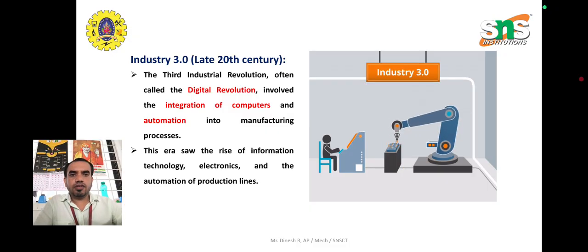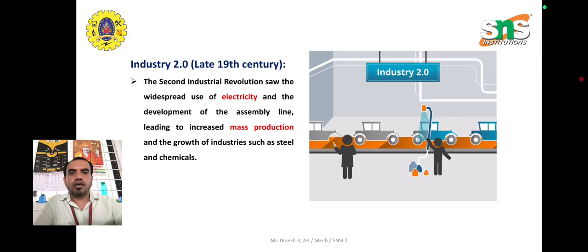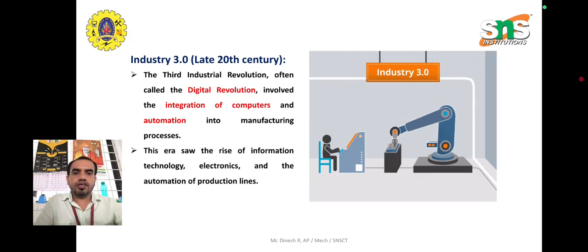The third industrial revolution, often called the digital revolution, involved the integration of computers and automation into manufacturing processes. Okay, the term automation was implemented in manufacturing units in Industry 3.0, and the era saw the rise of information technology, electronics, and the automation of production lines.